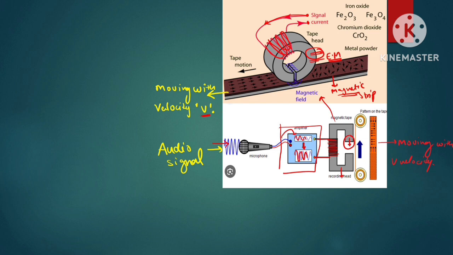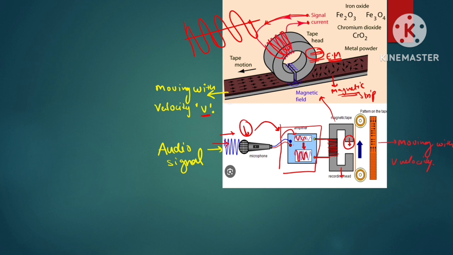Now when our current signal is given to this magnetic head, let's assume this is our current signal, which is generated by this mic. This audio signal is given to this mic, and the mic produces an electrical signal which is amplified by this amplifier.